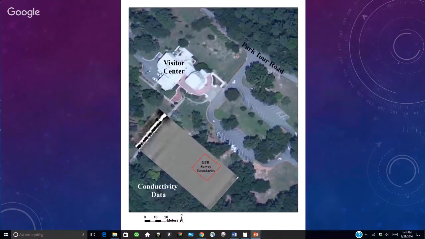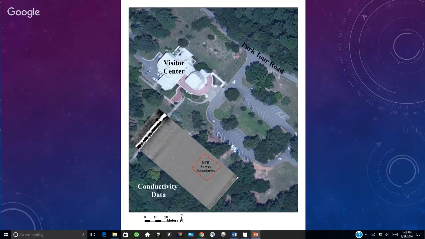Here's another example. So what you see here in this grayscale map is conductivity data. It's electromagnetic induction data, and what you see is almost no variation in the subsurface here in its conductance. Right, in the ease or difficulty to induce a current, it is difficult to induce a current across this whole thing.